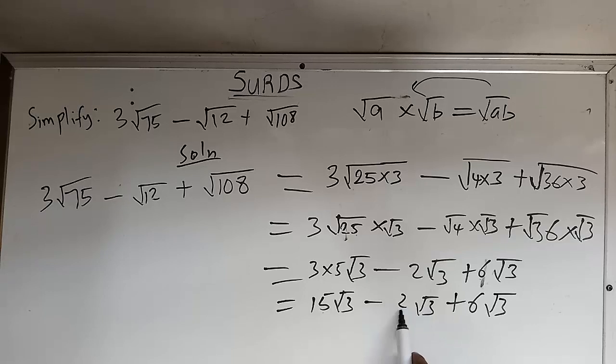So 15 minus 2 is 13. 13 plus 6 is 19. So this will give us 19 root 3. That is the simplified form of the given set.